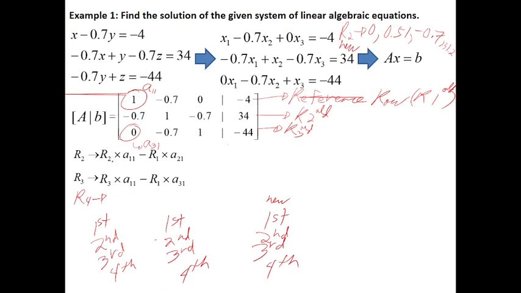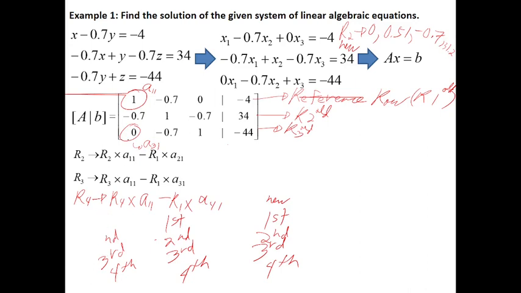Okay? So, using inductive reasoning, no? If this is R2, this is R3 kasi may pattern eh. This will become R4. This is A11, A11. This will become A11. R1, R1, R1. A21, A31, A41. Okay? So that will be the pattern.